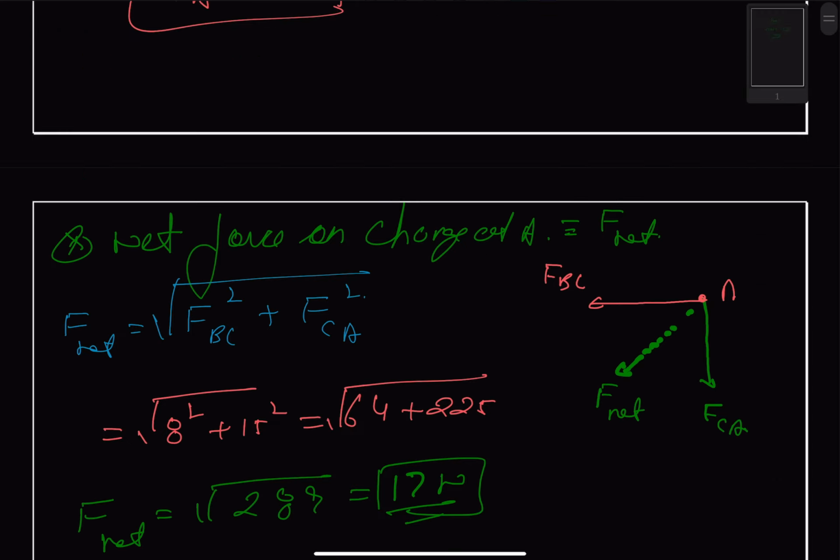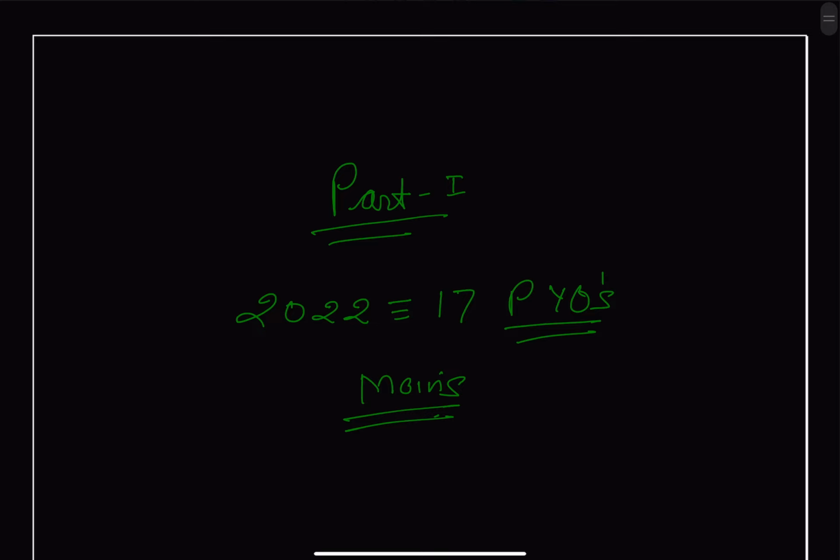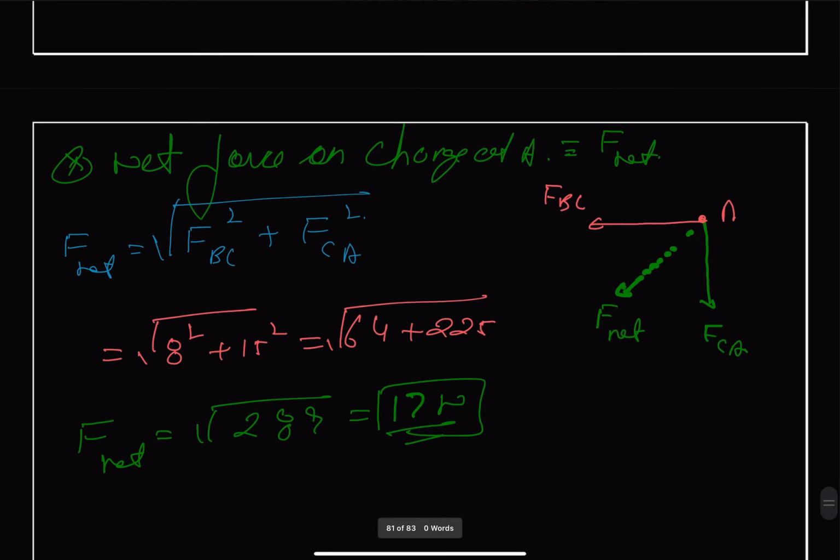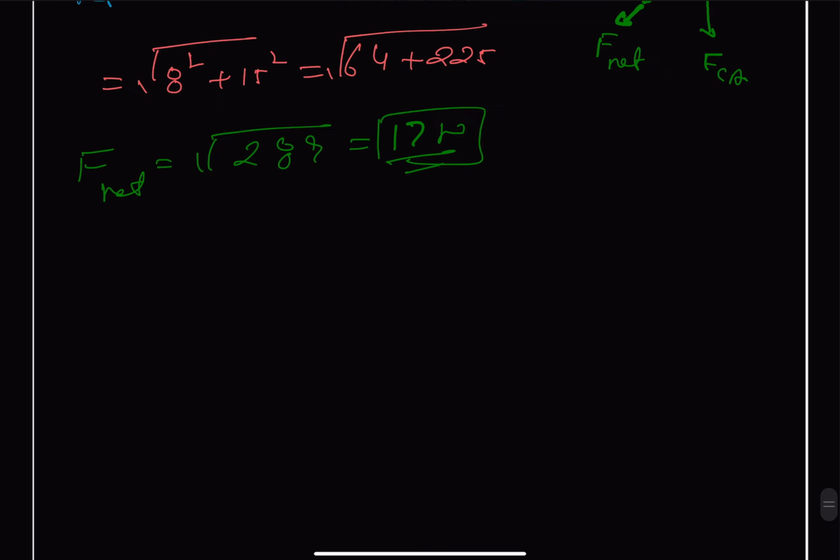Yeah, we solved 17 questions, and the remaining questions we will try to cover in the next 3 parts, hopefully covering the mains as well as the advanced part. So in part 1 we completed all 17 questions from the year 2022. Thank you.